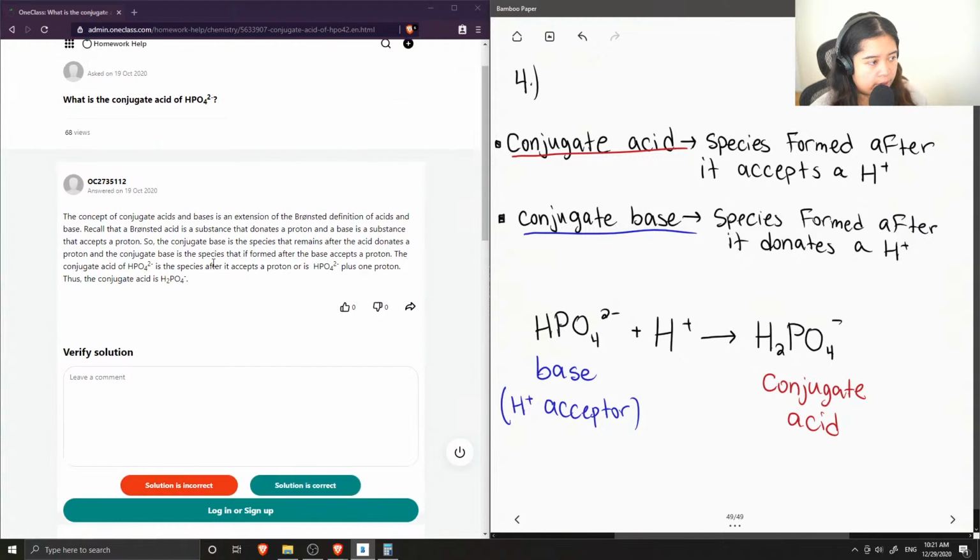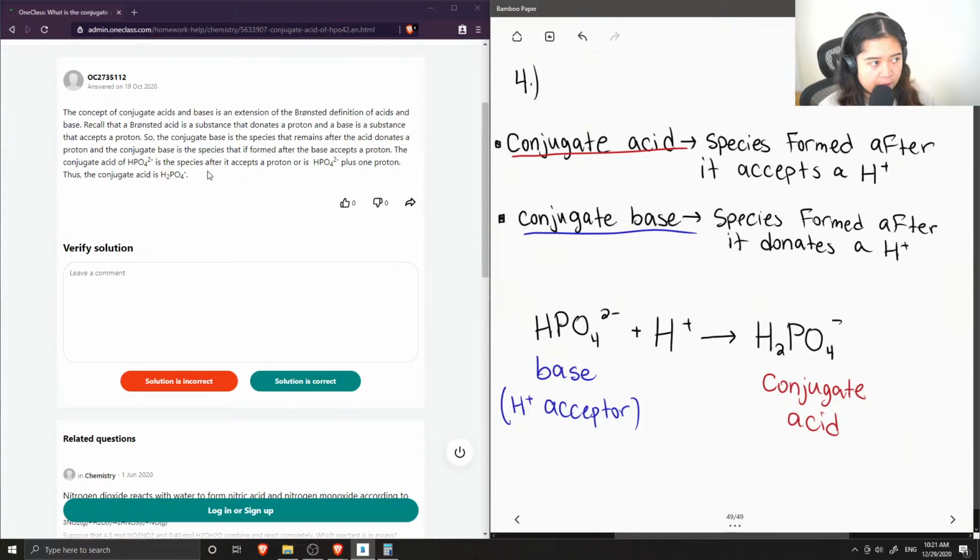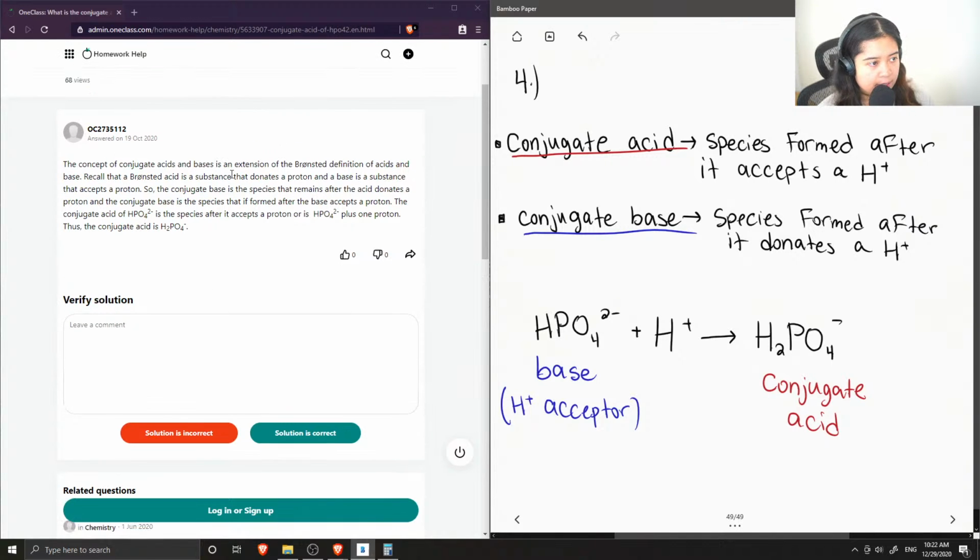Okay, so the junior tutor said that the concept of conjugate acids and bases is an extension of the Bronsted definition of acids and bases. Recall that a Bronsted acid is a substance that donates a proton, and a base is a substance that accepts a proton. So the conjugate base is the species that remains after the acid donates a proton, and the conjugate acid is the species that is formed after the base accepts a proton.